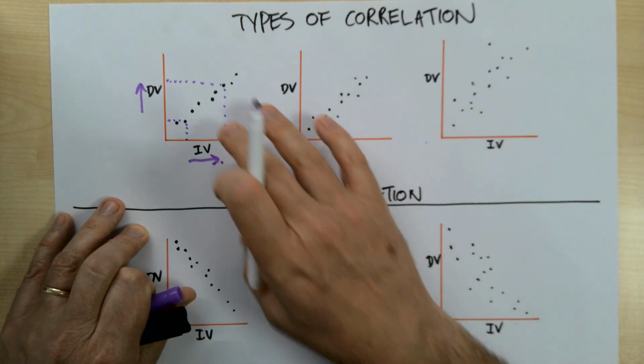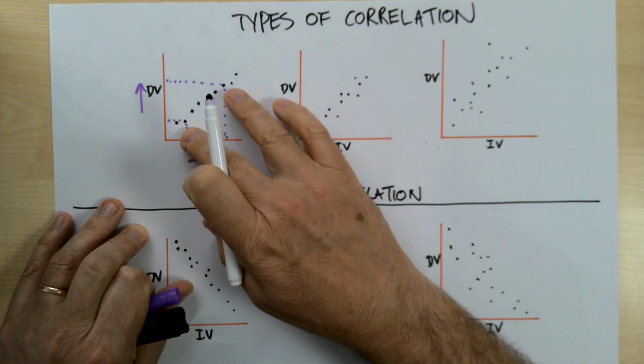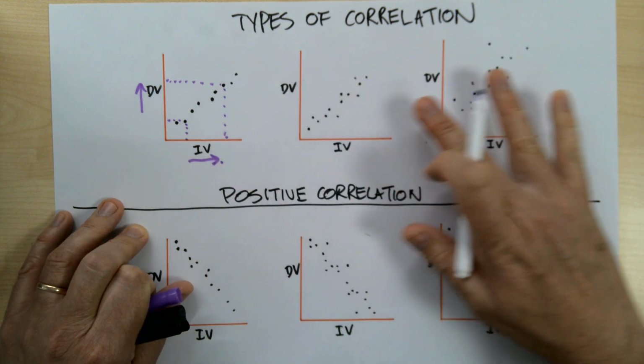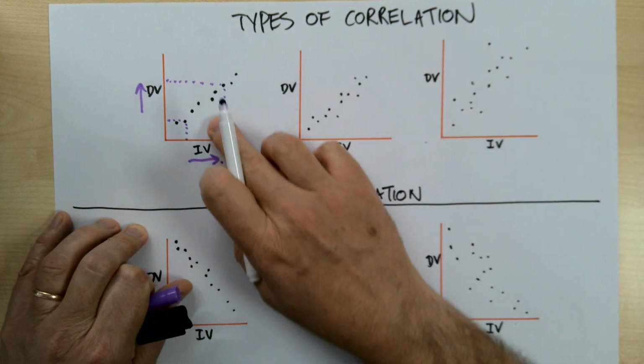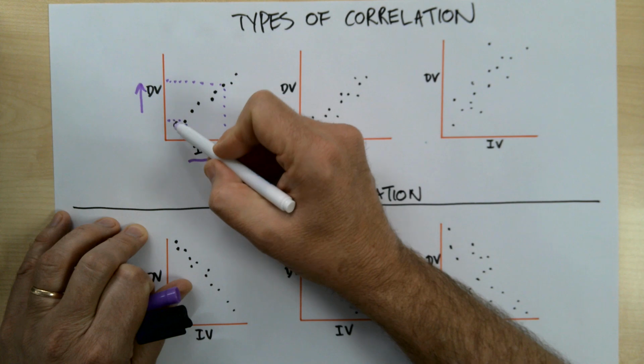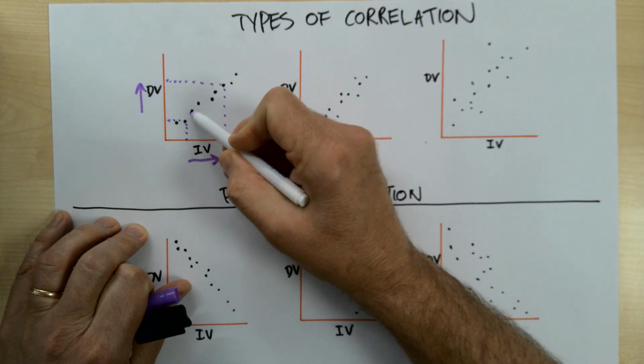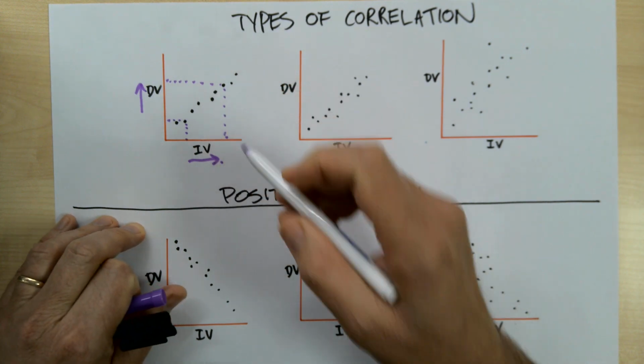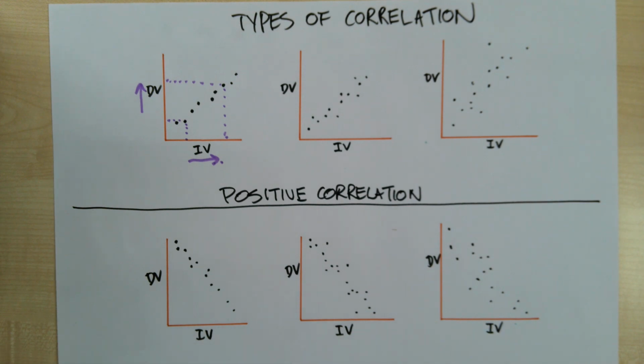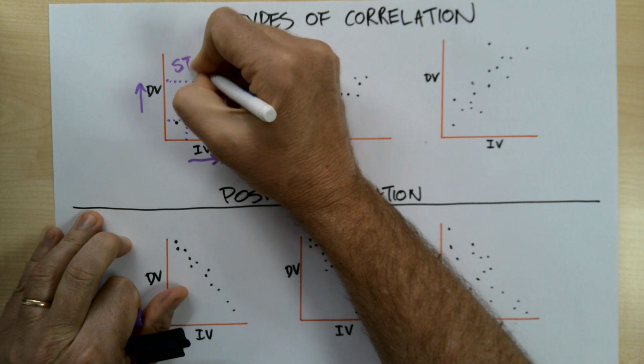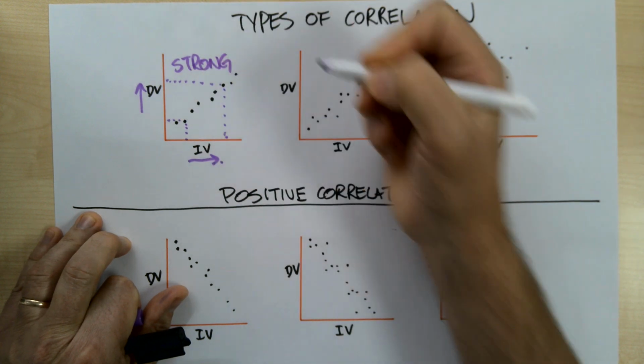Now if you look at the 3 we've got here, I've deliberately drawn them to have different kinds of spread. If your dots are nice and tight, as close as possible to a straight line, then we say that is strong correlation.